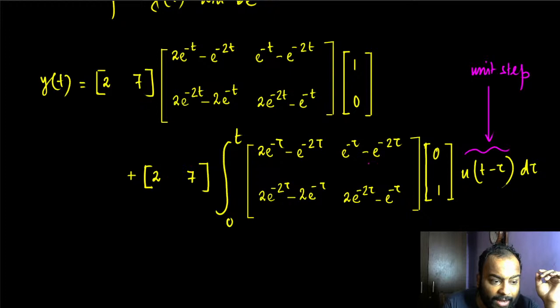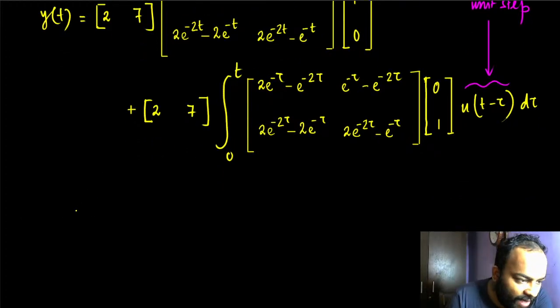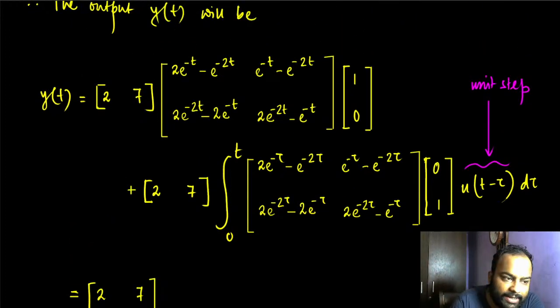So let's take care of these matrices. See, these matrices are constants, which means this can actually go inside this integration, right? The integration completed, we'll forget about this really. So let's simplify these multiplications. So here for the first part, for the natural response part, 2, 7, let's do this multiplication here, and that's obviously very simple.